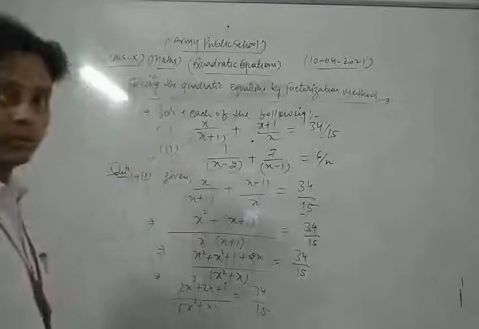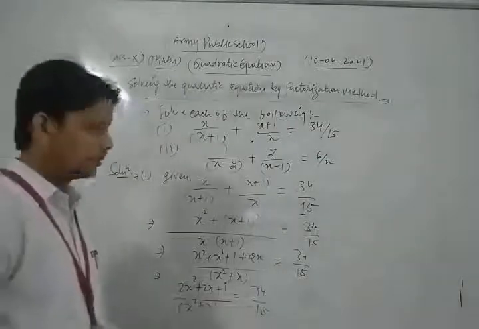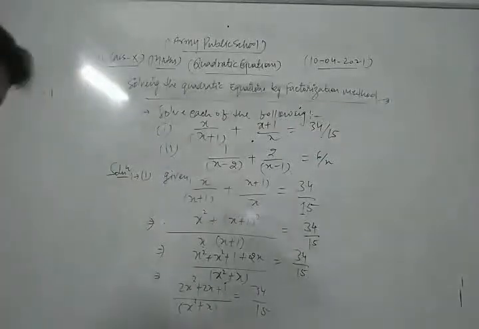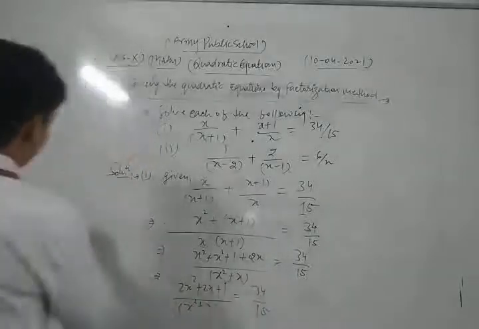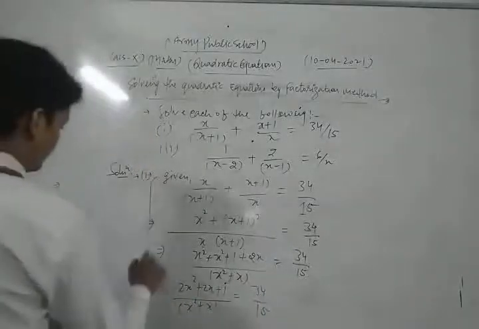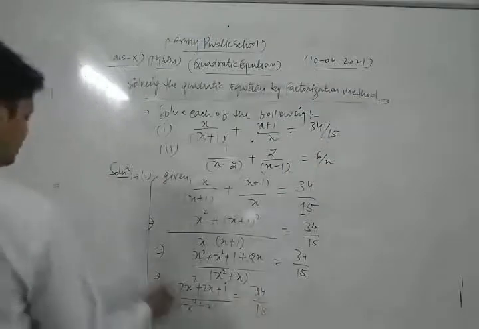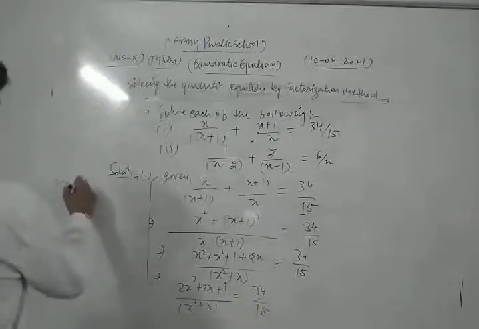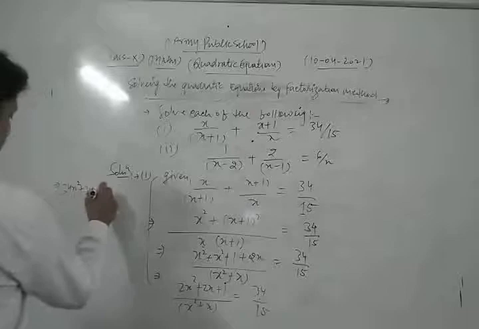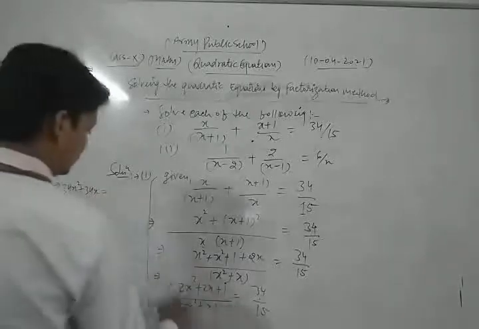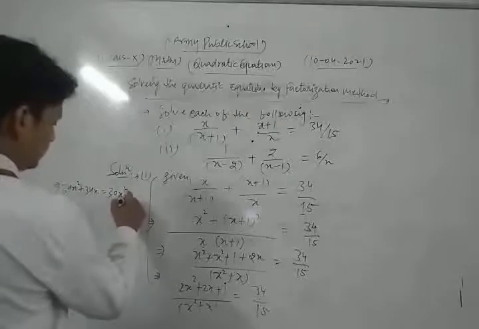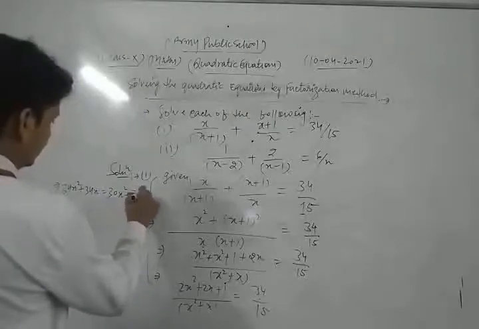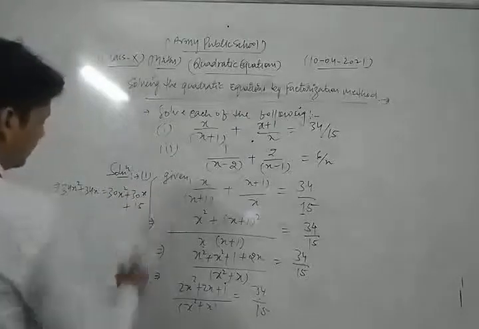Now we do cross multiplication. We get 34 into x square plus 34 into x plus 15 into 30x square plus 15 into 30x plus 15 into 15.